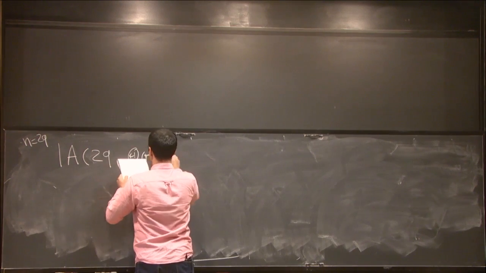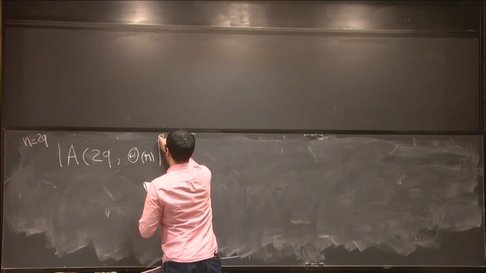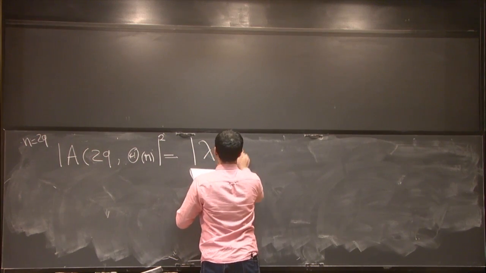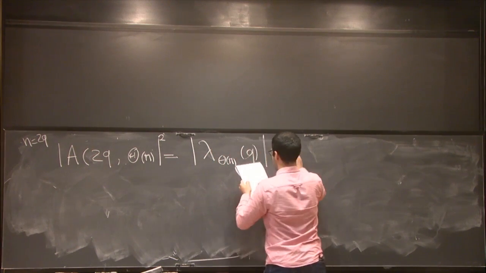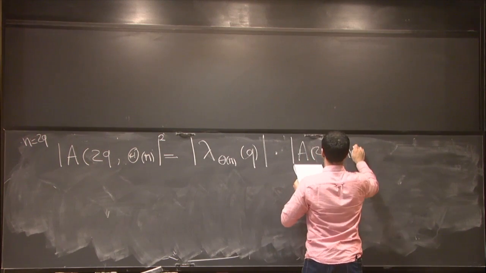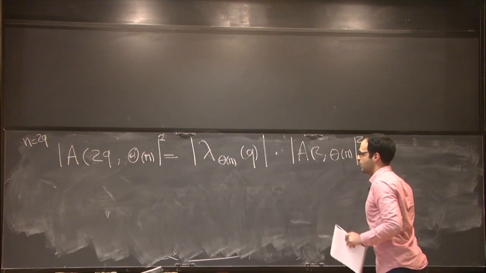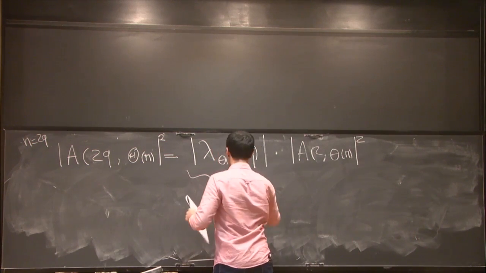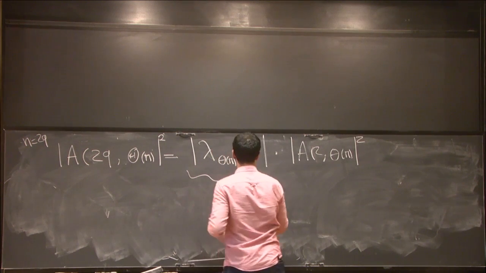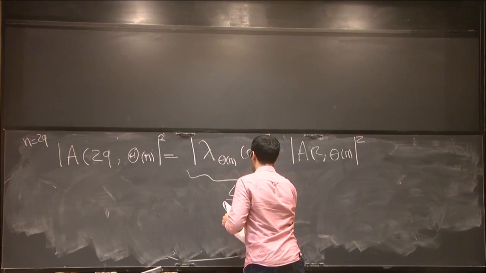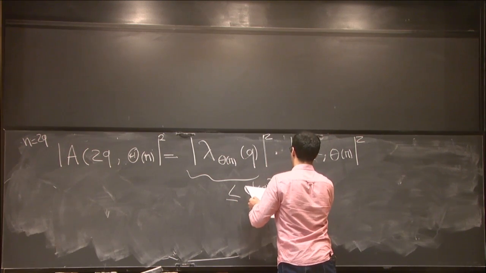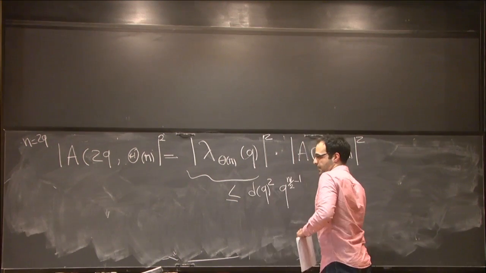So let's square it. It's going to be lambda theta pi of q times a2 of theta pi square. But by the Ramanujan bound, we know that this number squared is less than the divisor function of q squared times q to the m half minus 1.